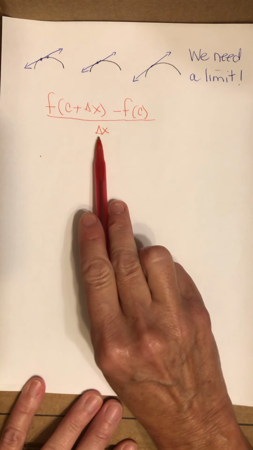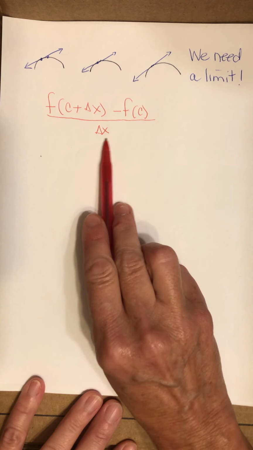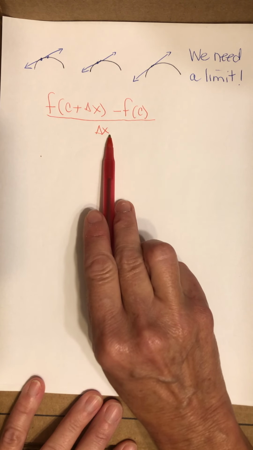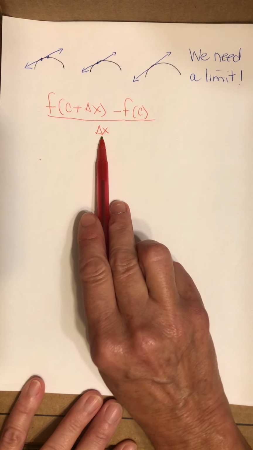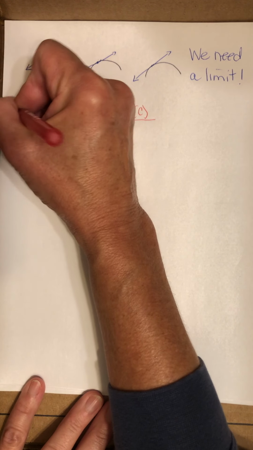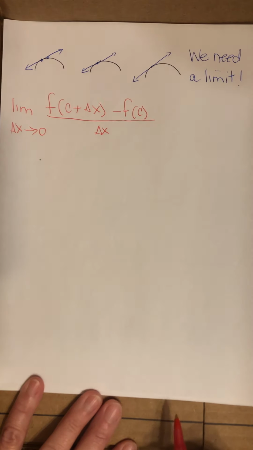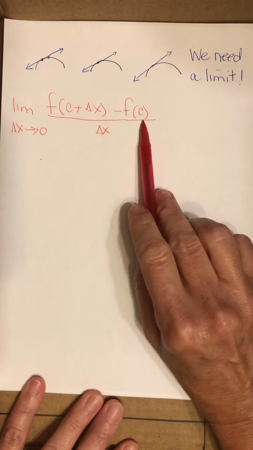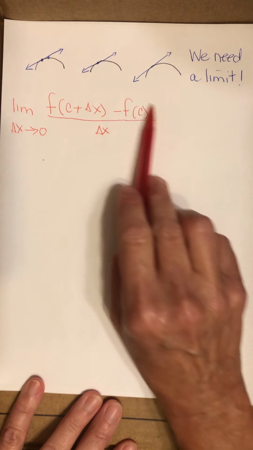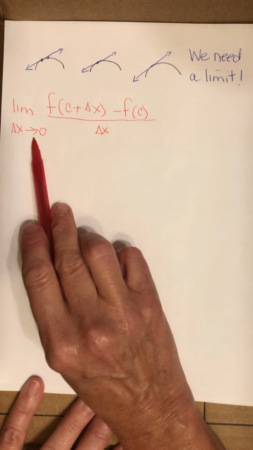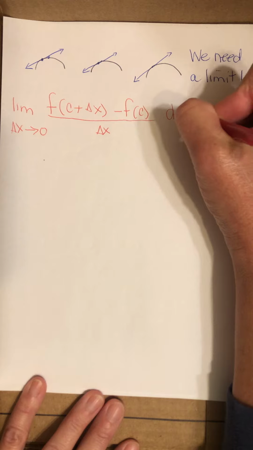That would mean, look in the denominator here, that delta x, the change in x, is approaching 0. So I'm going to put in front the limit as delta x approaches 0. Now this is the slope at almost 1 point. And this is called in calculus a derivative.